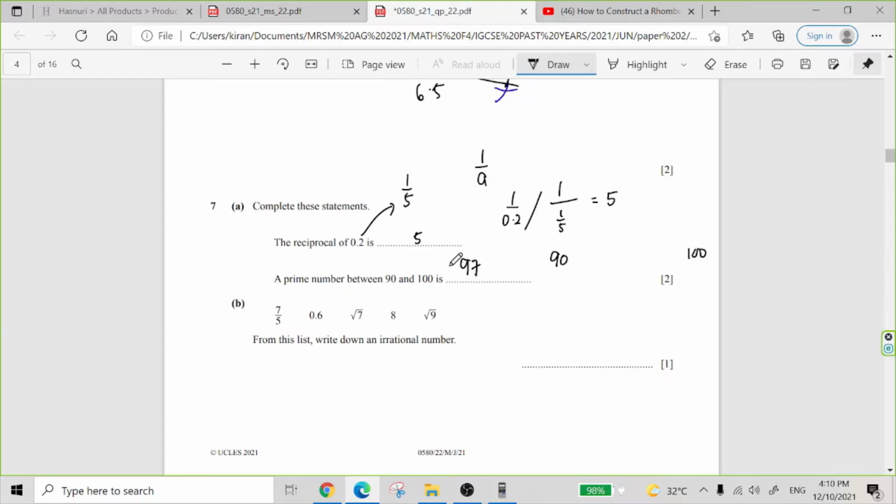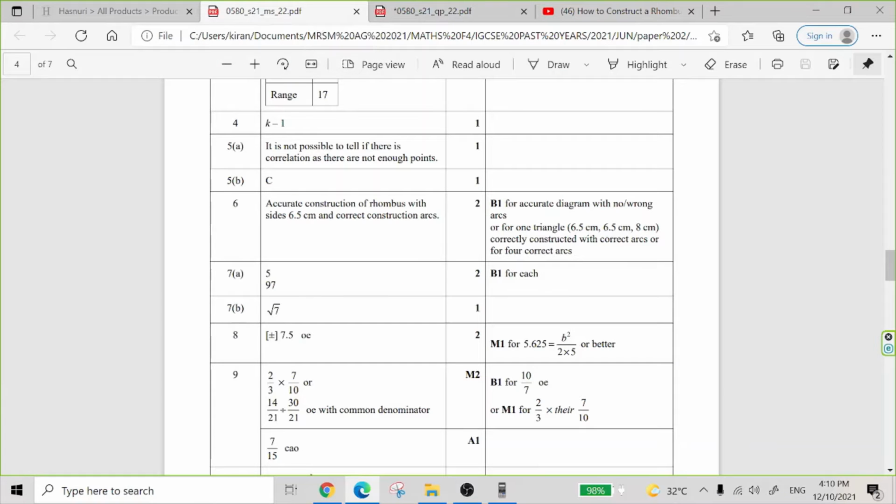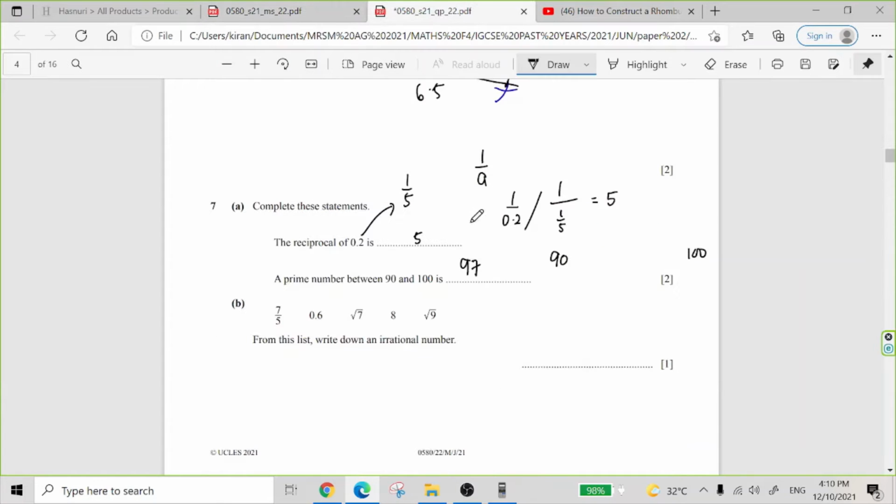Okay, next question. From this list, write down an irrational number. What does it mean by irrational number? Okay, rational number ni number yang wujud yang senang kita baca, yang senang kita nak simplify. When we go to irrational number, the number itself, decimal places dia banyak.